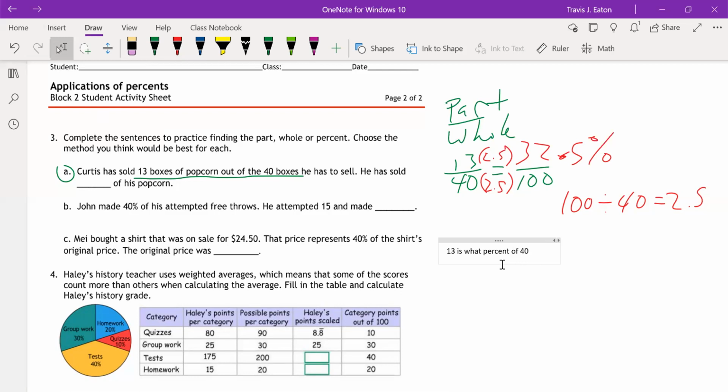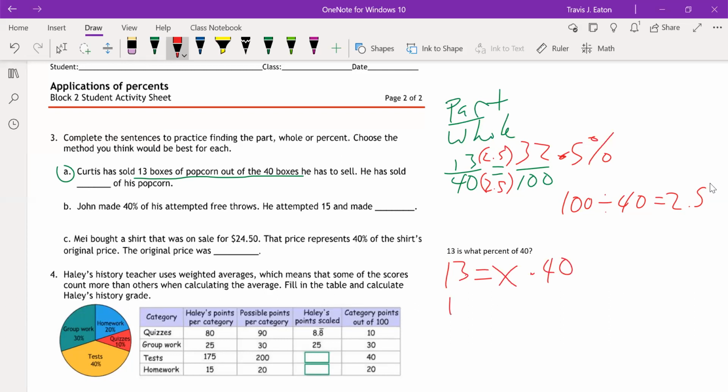Because isn't that what we're looking for? 13 is what percent of 40? And if we're going to rewrite this as an equation, then this would be 13 is what percent of 40.